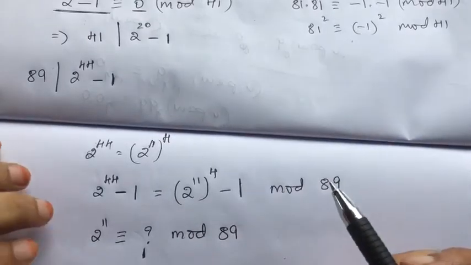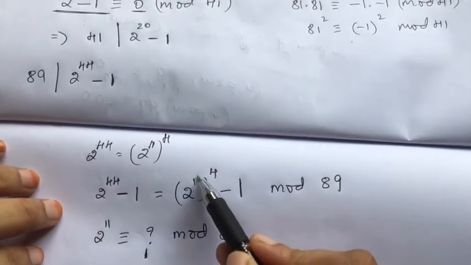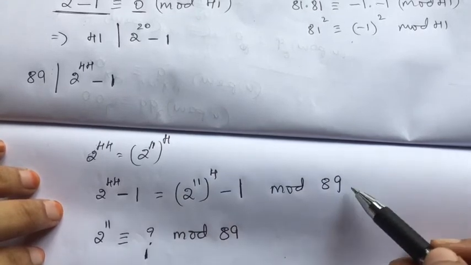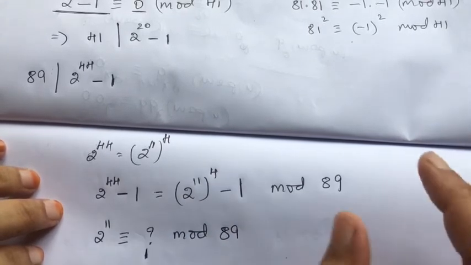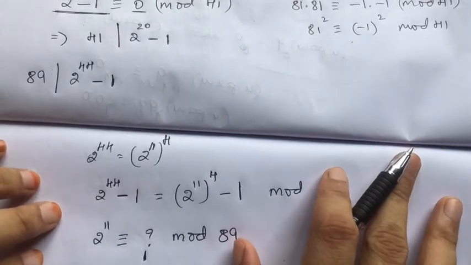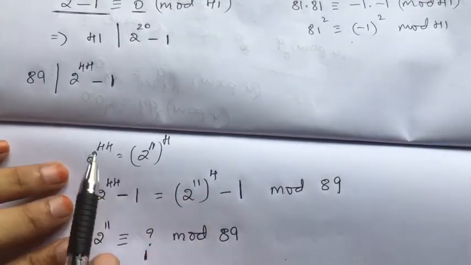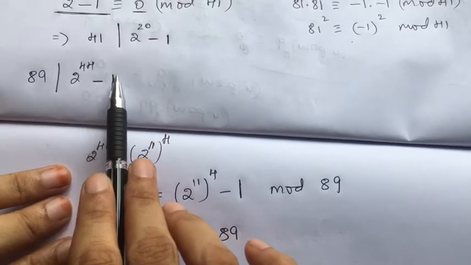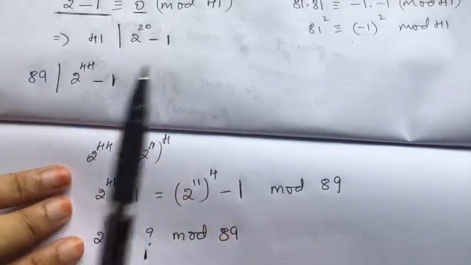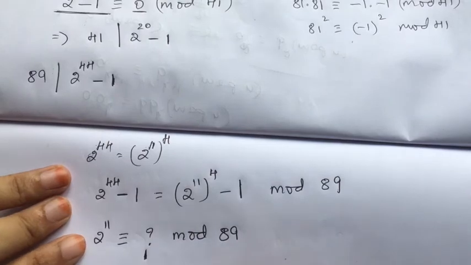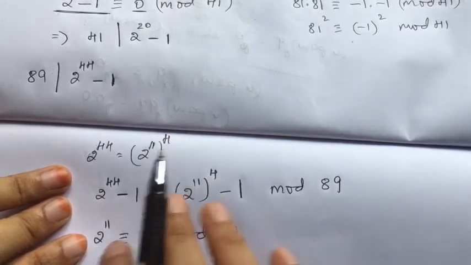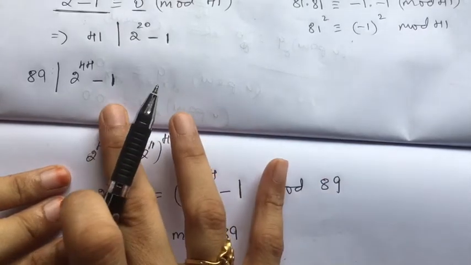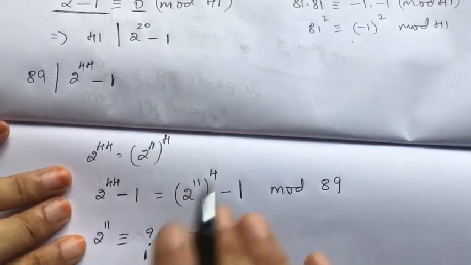See, I have to consider those powers of 2 which when I divide by 89 should give me the least remainder. Okay, see, in this case, the remainder I should get is 1. On which power of 2 when divided by 89 gives me remainder 1, that I have to check.